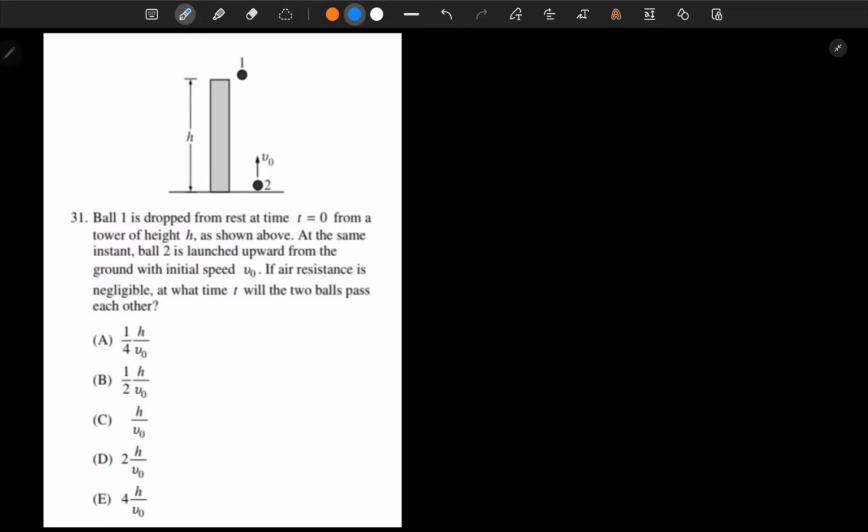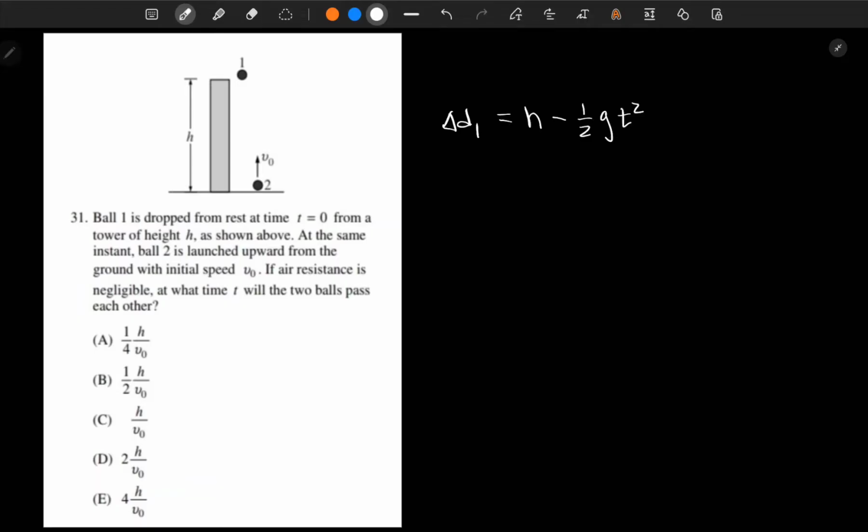Well, we know that from the kinematic equations, delta d1, the displacement of the first ball, should be equal to its initial height minus 1/2 gt squared, as g is the acceleration.